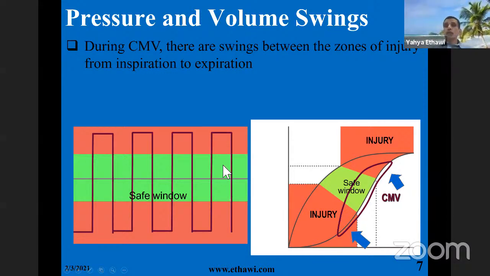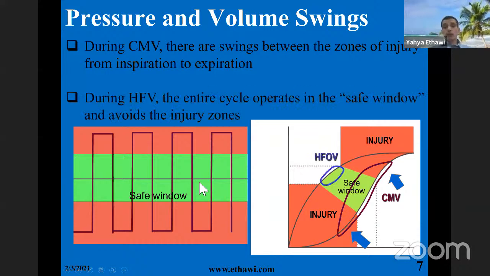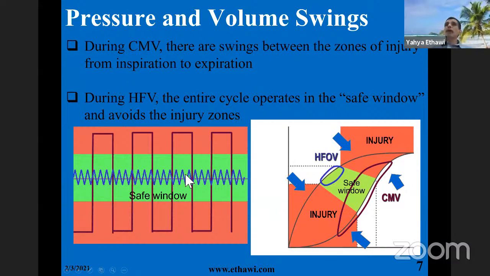There is no way that we can avoid the swinging of the pressure between hyper and hypoinflation, where we want the ventilation to be in the safe zone. So you can see the ventilator gives ventilation here. When we use high frequency, we can achieve the same, but within the safe zone.